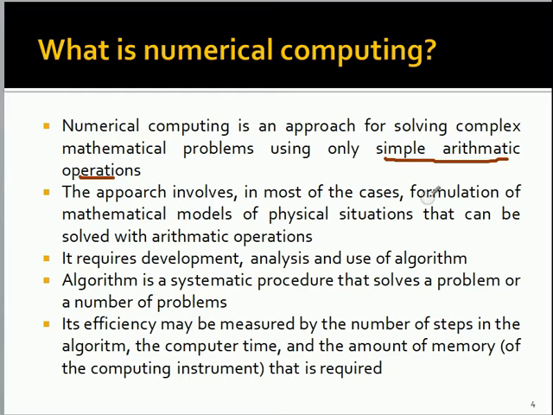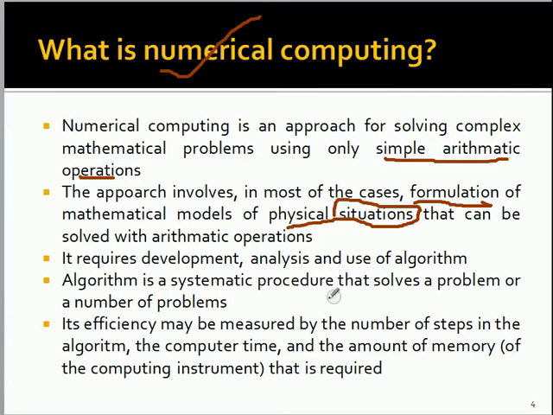The approach involves, in most cases, formulation of mathematical models of physical situations, which is very crucial for numerical methods, because your situation will determine your formula. In different situations, you will use different kinds of formulas.